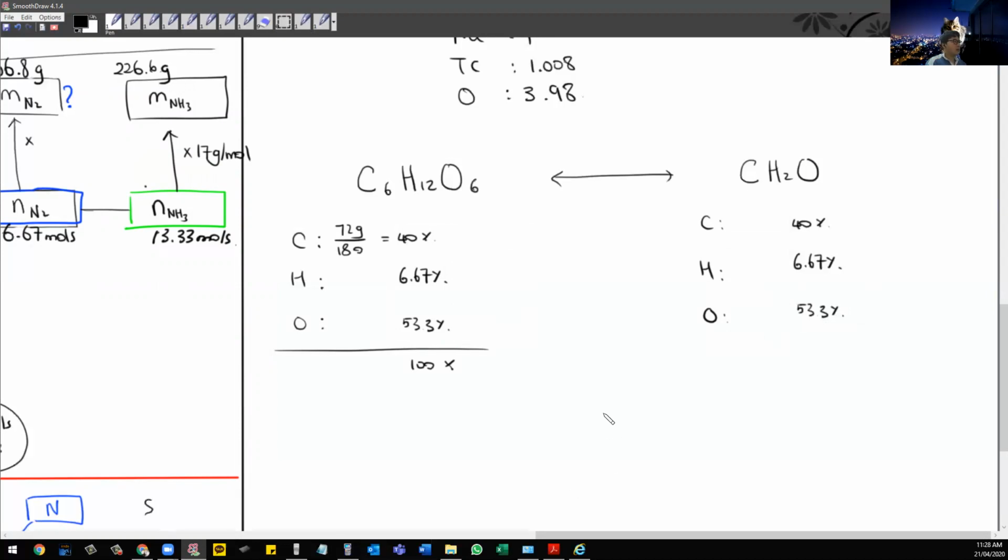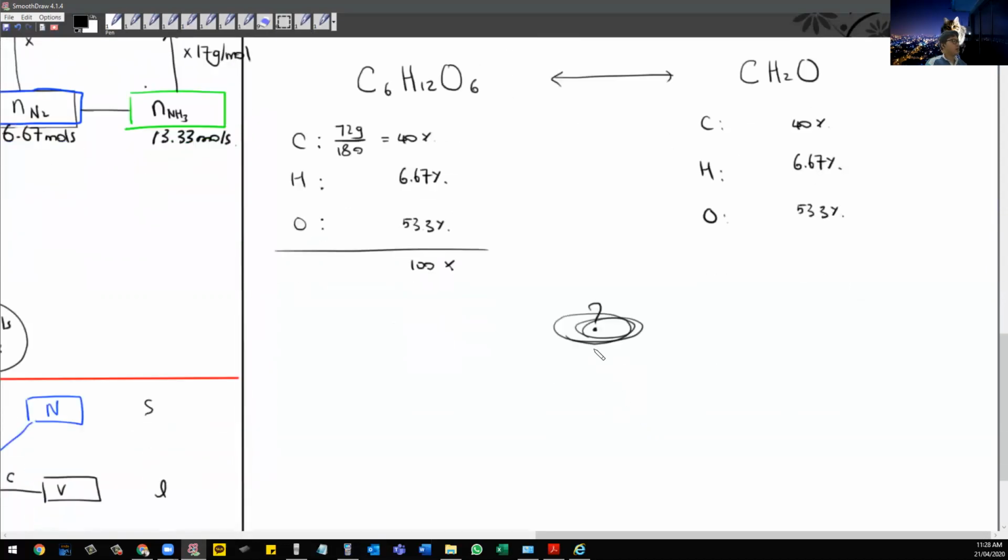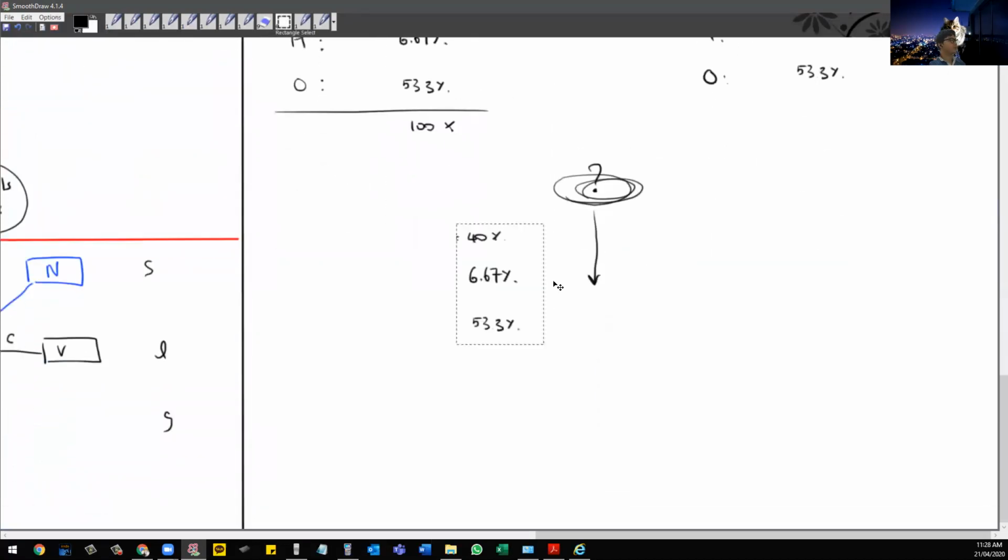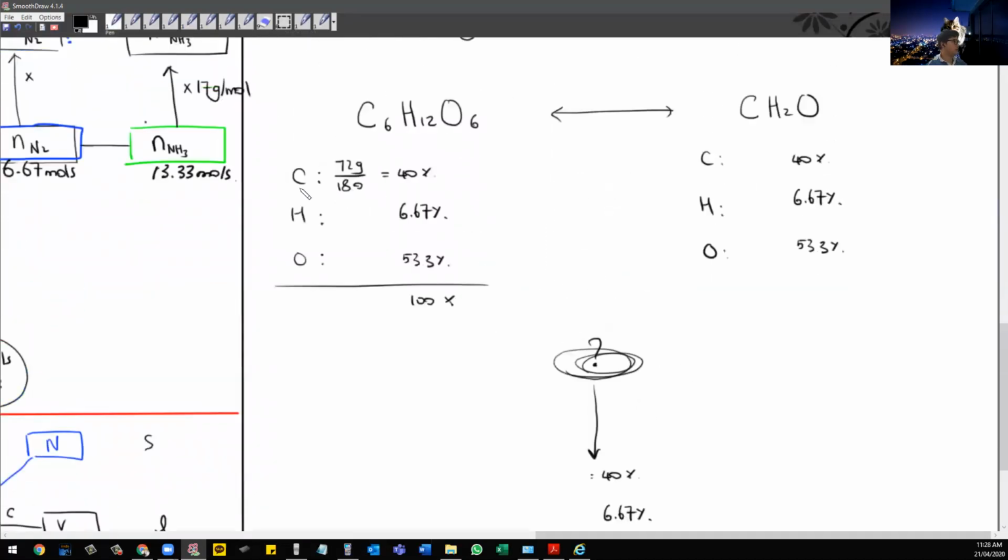But when you have some unknown molecule, you put this molecule into some machine, and the machine grinds it and gives you the percentage composition.